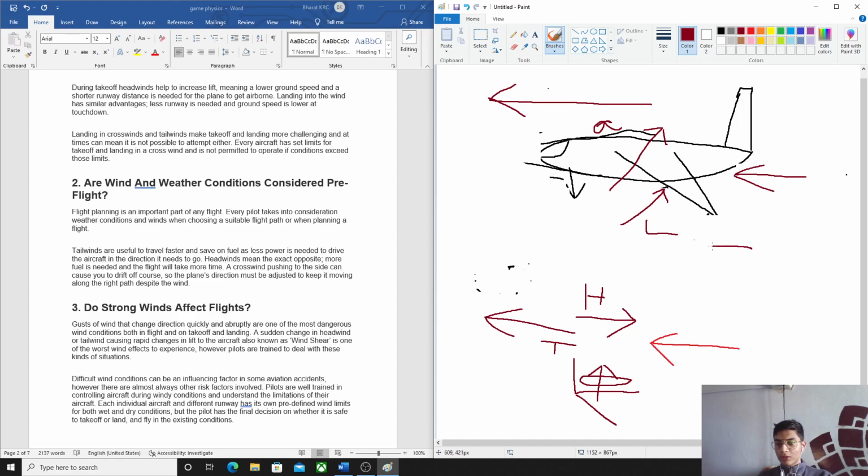Let us consider a globe and let us consider a country A and a country B. The aircraft has to go from here to here. If the wind is blowing in this direction, then in the long run, it would be very useful for the aircraft to save fuel.